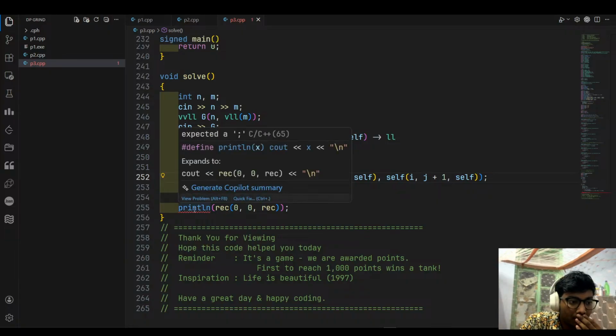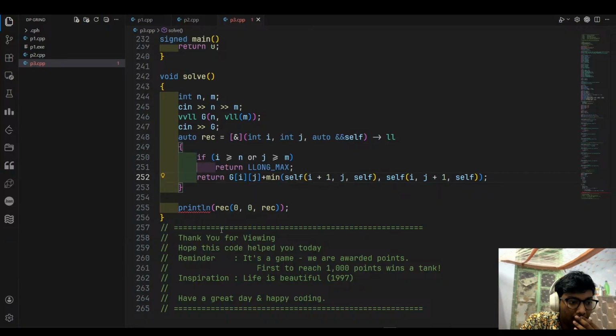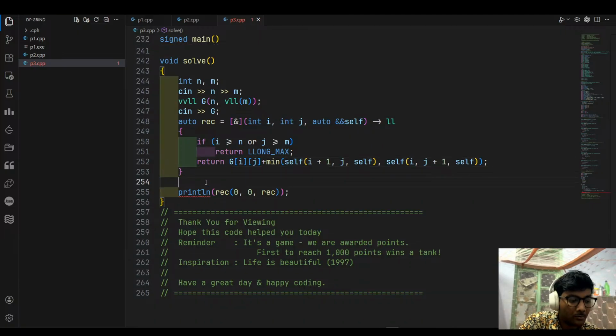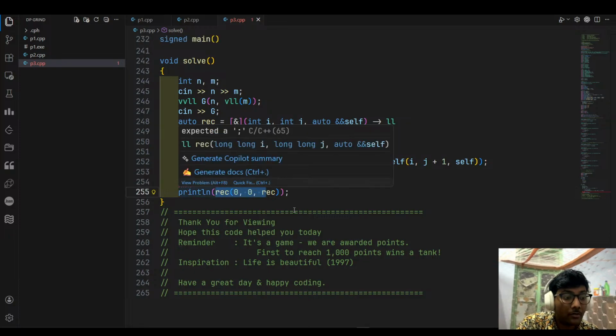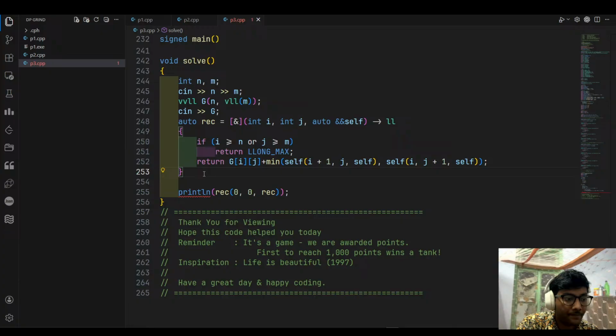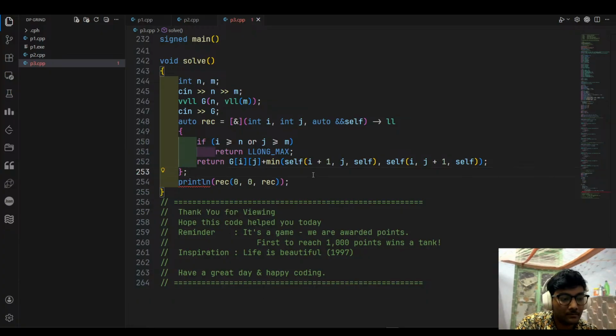I don't understand why this was not working correctly. Okay, okay, sorry. Put a semicolon here in order to end the function, right? Because this is a recursive solution, I have to memoize this.